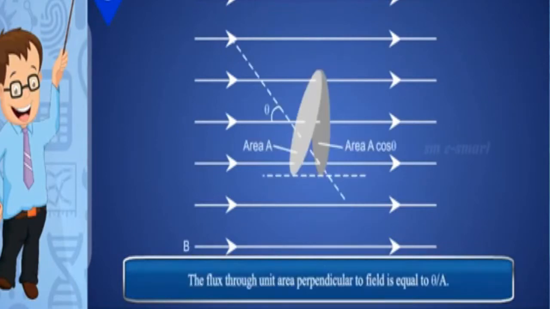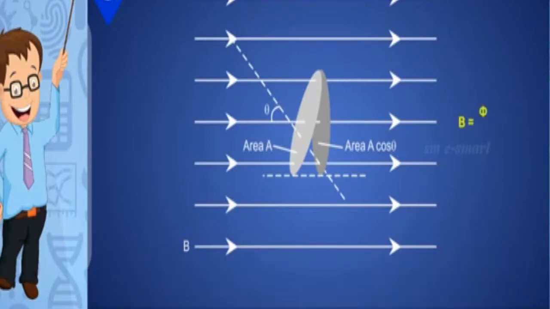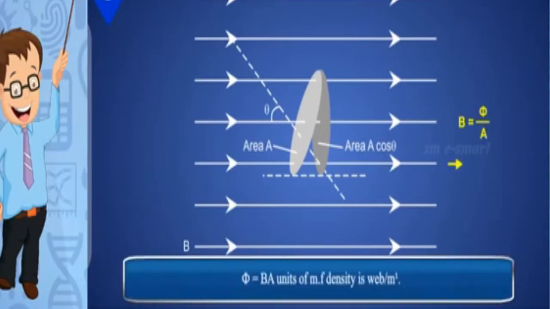The flux through unit area perpendicular to the field is equal to phi by A. The ratio of magnetic flux to area gives the magnetic flux density. B equals phi by A, which implies phi equals BA. The unit of magnetic flux density is Weber per meter squared. It is also called Tesla.